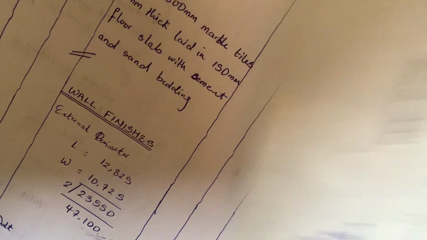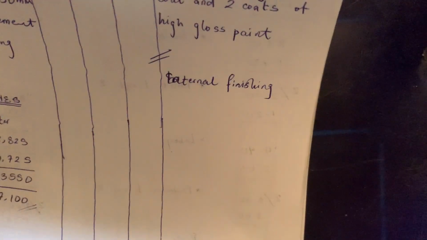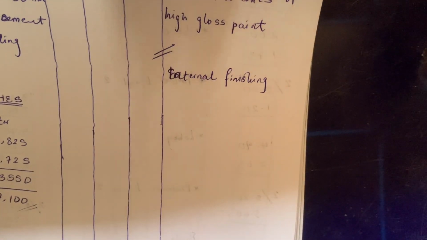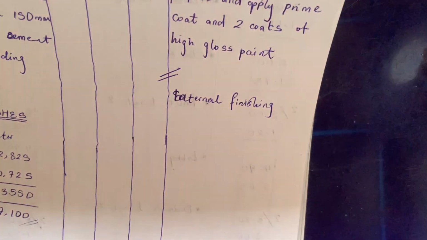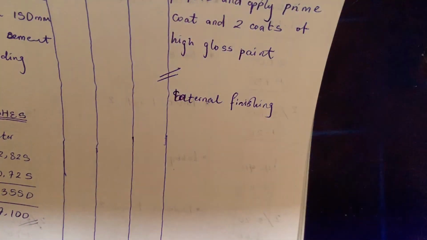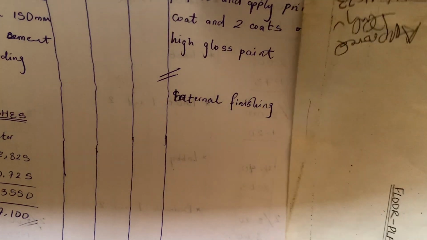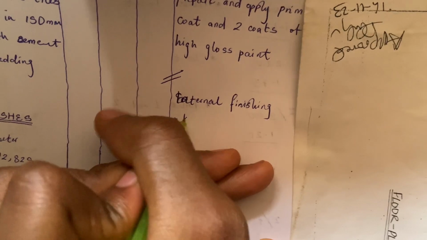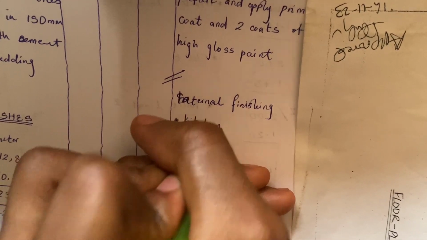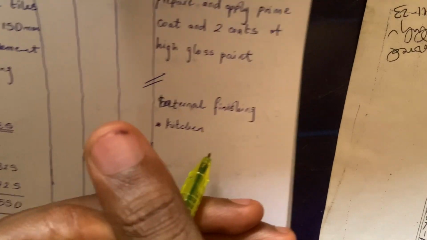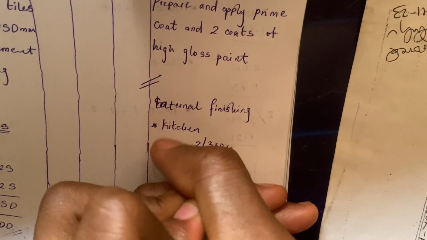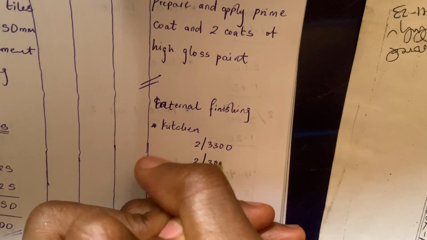So let's go into the calculation aspect. First is the kitchen. Now we know that the perimeter of the kitchen would be 2 by 3,300 and 2 by 3,000.